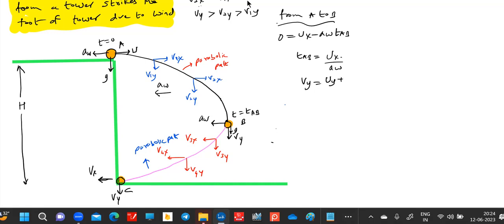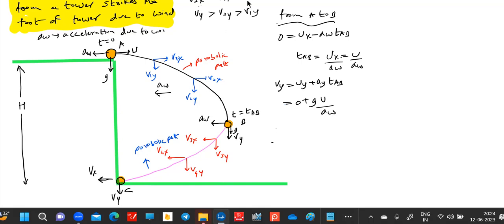Vy equals Uy, where Uy will be 0, Ay will be g. This will be Ux by AW. What is Ux? Ux is in fact equal to U only. And what is AW? Acceleration imparted by the wind, acceleration due to wind.